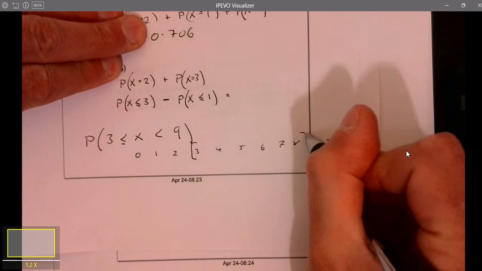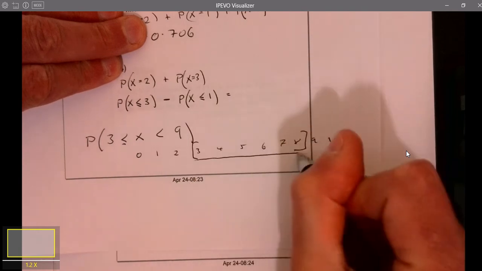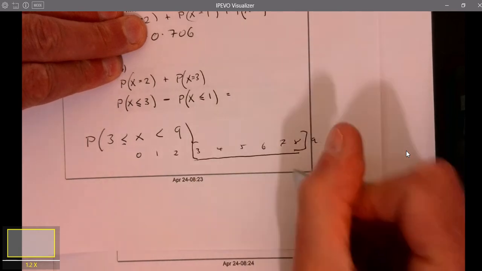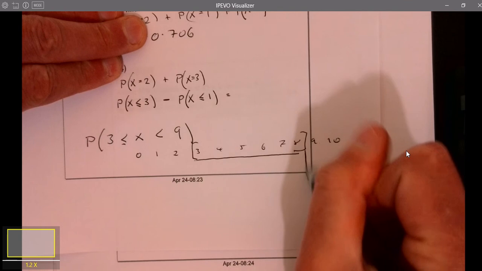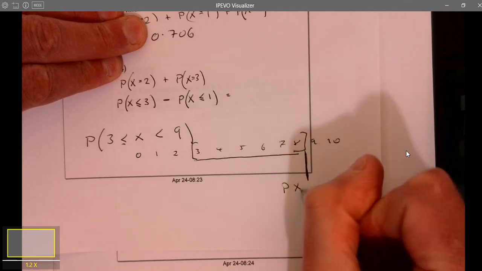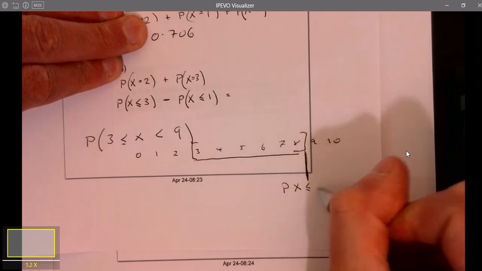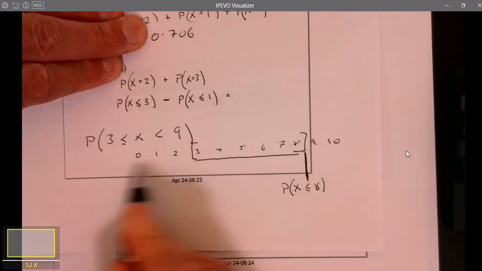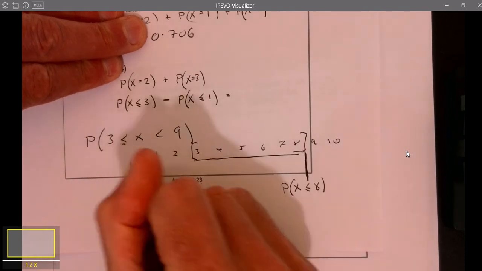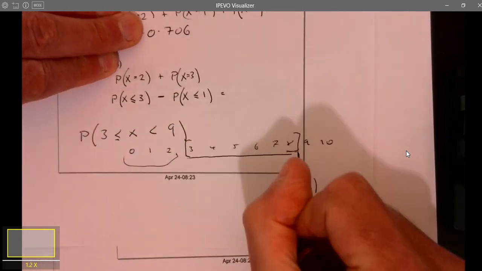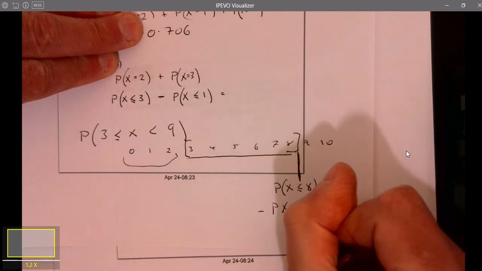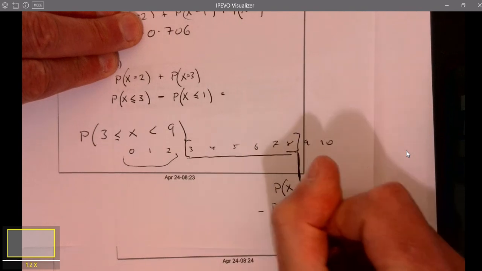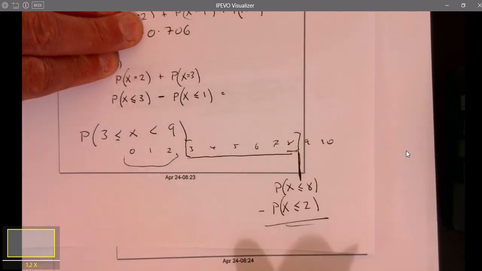It's not 9, so it's these. How are you going to do that? If we do the probability that x is less than or equal to 8, that gives me all of that. And then take away these, the probability that x is less than or equal to 2. And we can work out those two things quite easily.